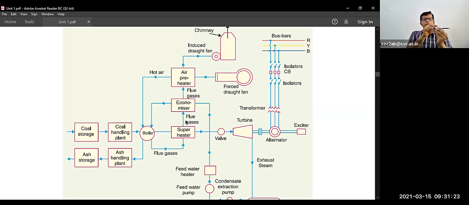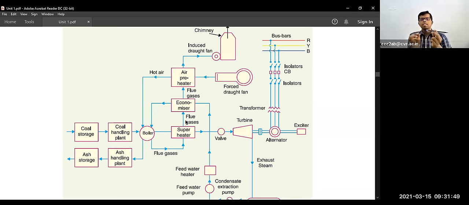The first stage passes up to this point, so the flue gases pass over this tube up to this point, where they extract some heat in the superheater.